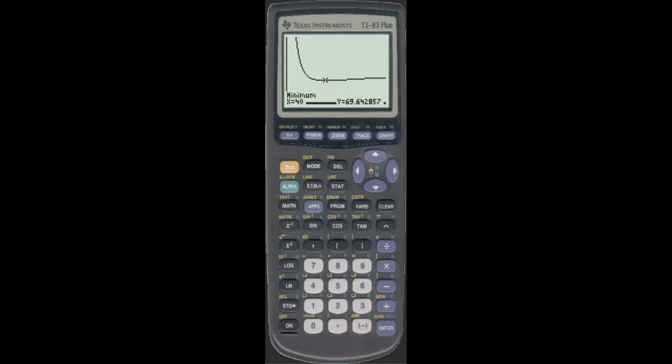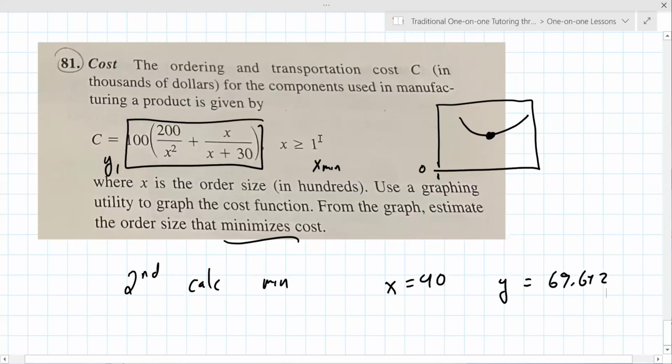The Y is not necessarily the answer. The Y represents in this case the cost in thousands of dollars. And maybe it asks for it, maybe it doesn't. But in this case, it actually just wants the order size. So if we go back to our question, the question asks for the order size, but it tells you that it's in hundreds.